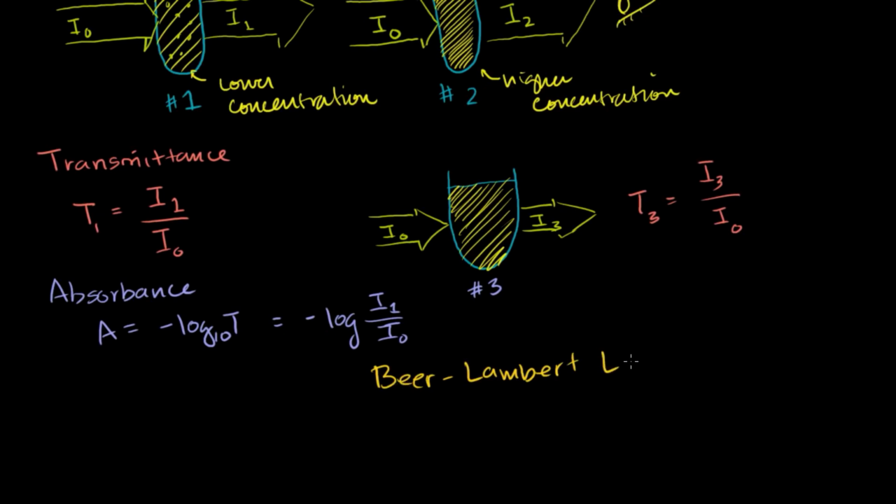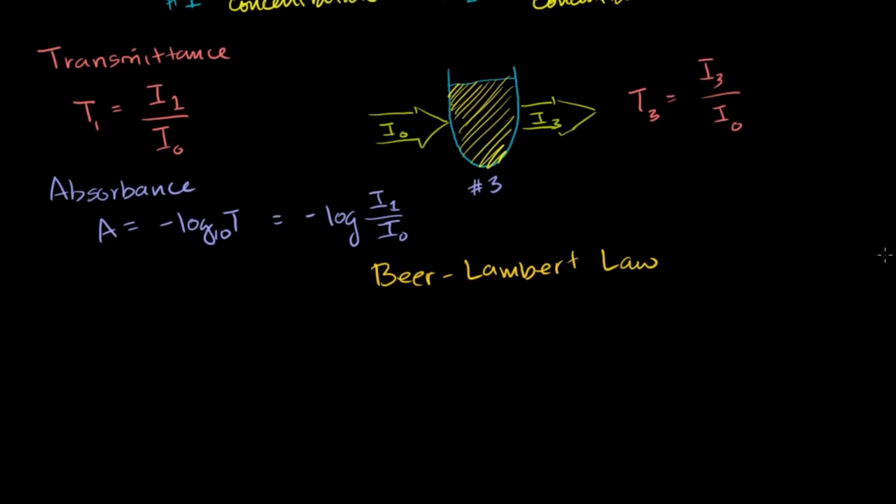The Beer Lambert Law tells us that the absorbance is proportional to the path length. So this would be how far the light has to go through the solution. So it's proportional to the path length times the concentration. Usually we use molarity for the concentration.